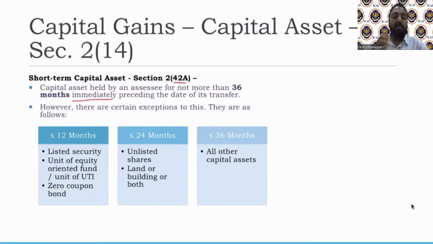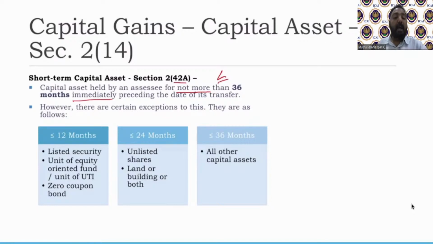Remember, it is not more than 36 months, which means up to 36 months it will be called a short-term capital asset. One day after the 36th month, it becomes a long-term capital asset. So the condition is less than or equal to 3 years, and then it is called a short-term capital asset.